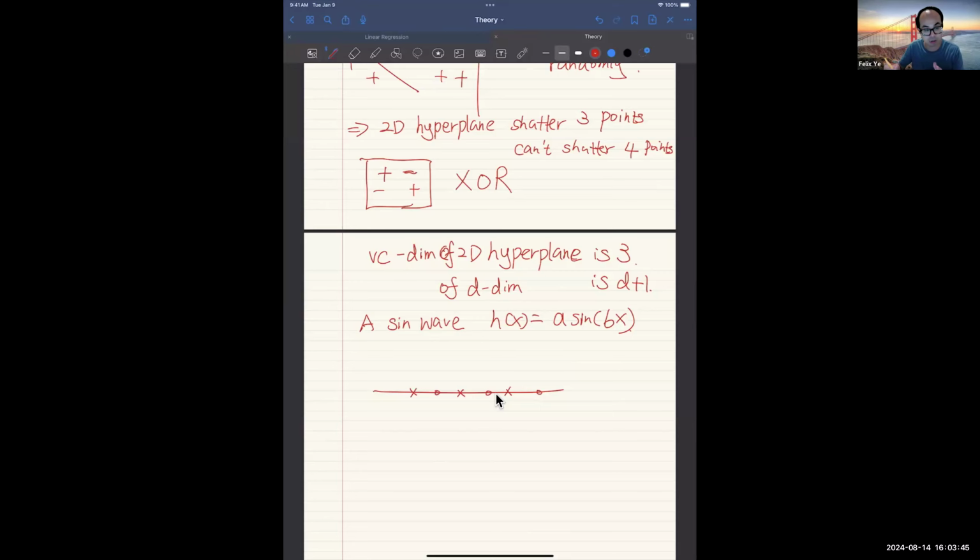You can make the period so small and carefully chosen that you can shatter any random set. Everything below will be plus, everything above will be circles. Of course, there are some very special cases where it won't work, but these cases will not happen in reality. So that's why a simple sine curve with only 2 parameters, A and B, can in fact have infinite VC dimension.